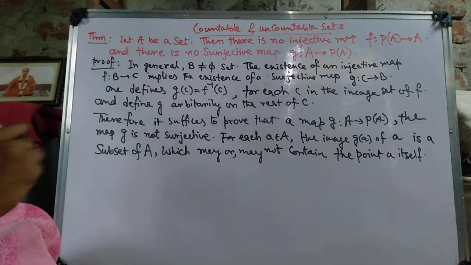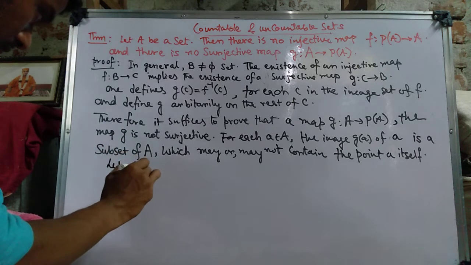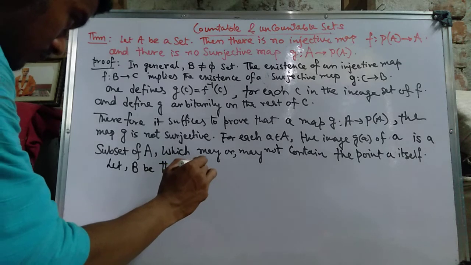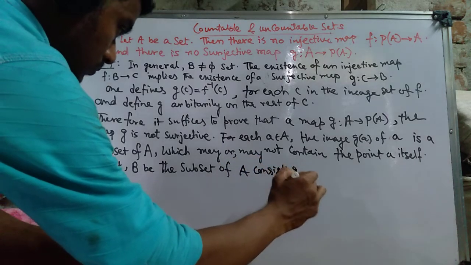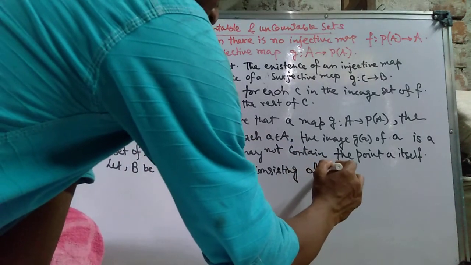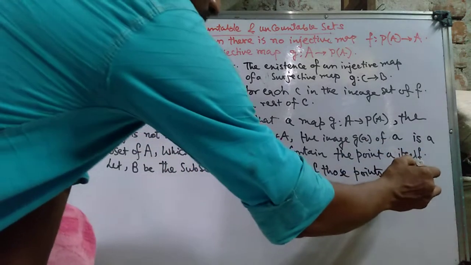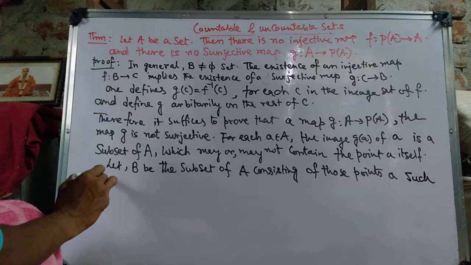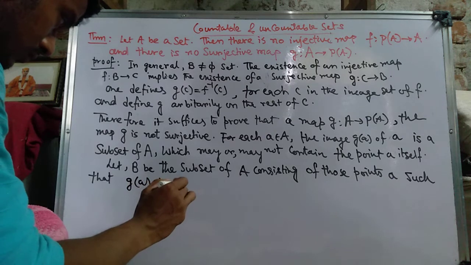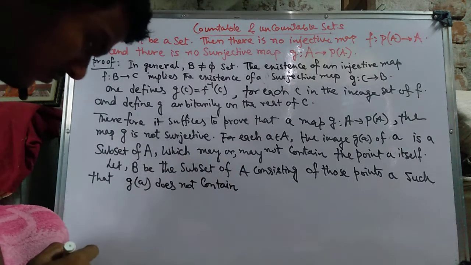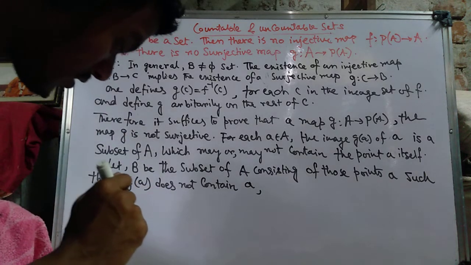Let B be the subset of A consisting of all those points a such that g(a) does not contain a.